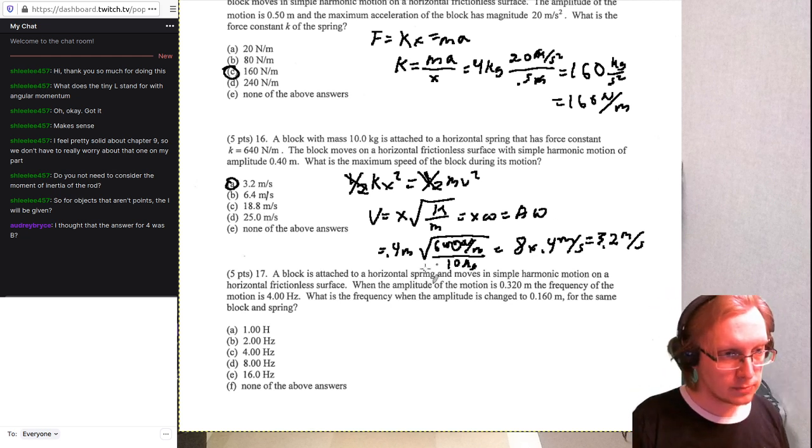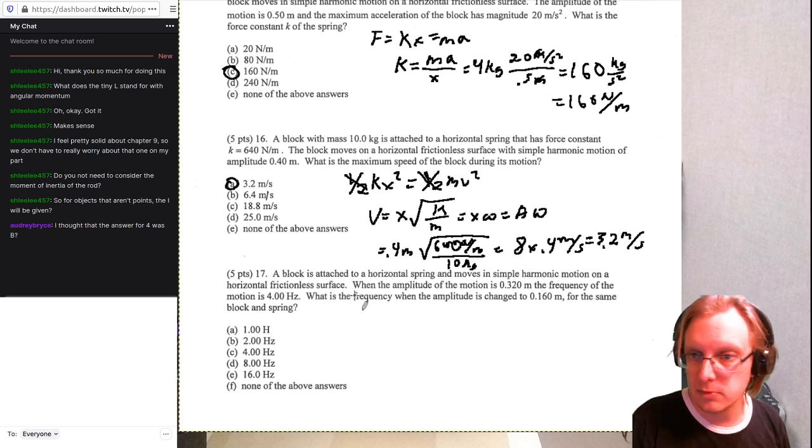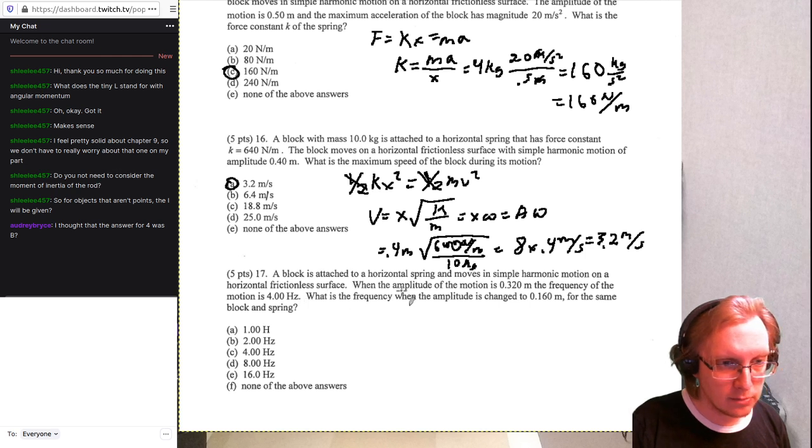A block is attached to a horizontal spring and moves in simple harmonic motion on a horizontal frictionless surface. The amplitude of the motion is 0.32 meters. The frequency is 4 hertz. What is the frequency when the amplitude is changed to half that for the same block on the spring? Well, frequency is proportional to the square root of k on m.